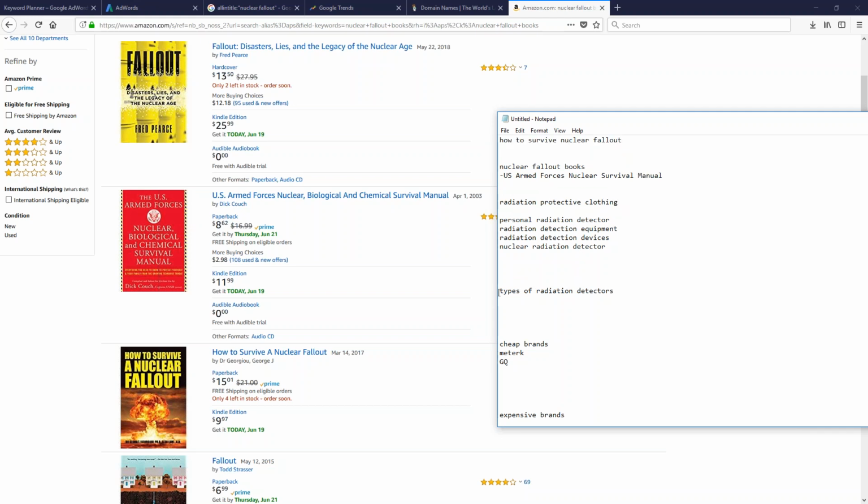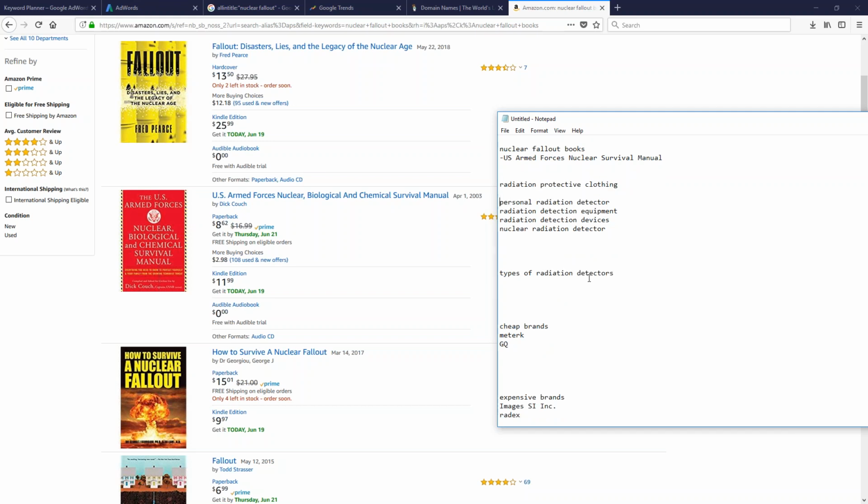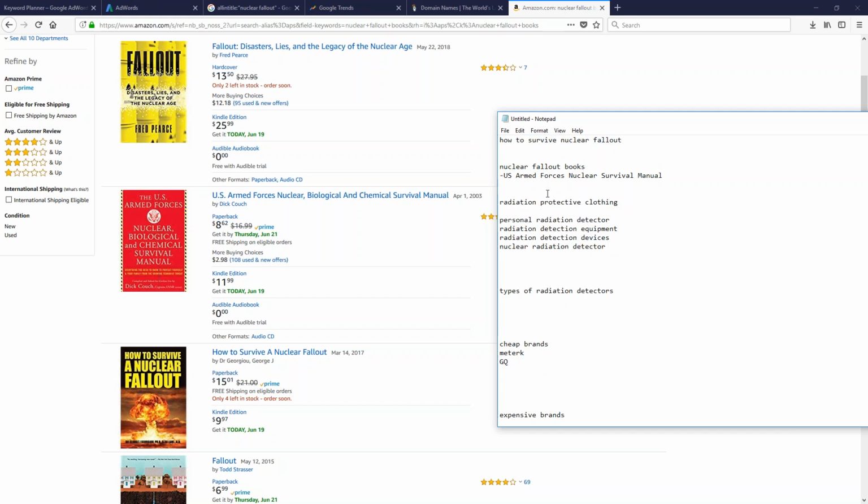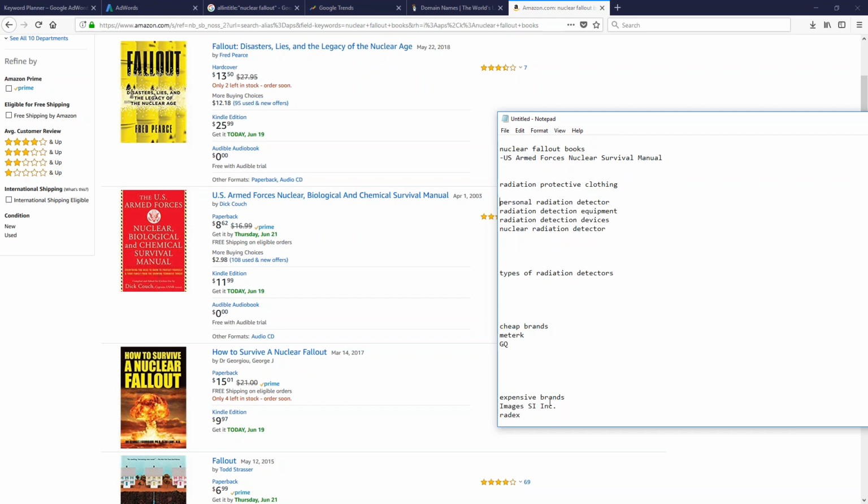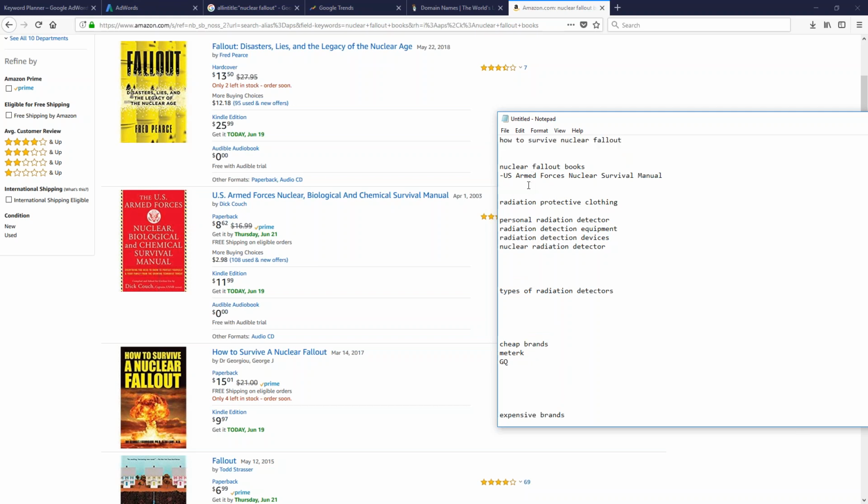Doing it this way, if I have, say, 3 books plus the main page about books, and then I have clothing plus maybe 3 pages about clothing, then I have a section on personal radiation detectors and maybe 5 different brand pages on those. We're talking 11, 14 pages plus the home page.